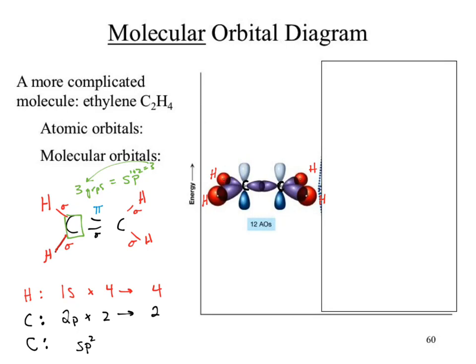So my carbons are going to generate 3 sp2 hybrids each. But how many carbons are there? Which means I get a whopping total of 6. Which brings this all together to a total of 12. There's our 12 atomic orbitals.